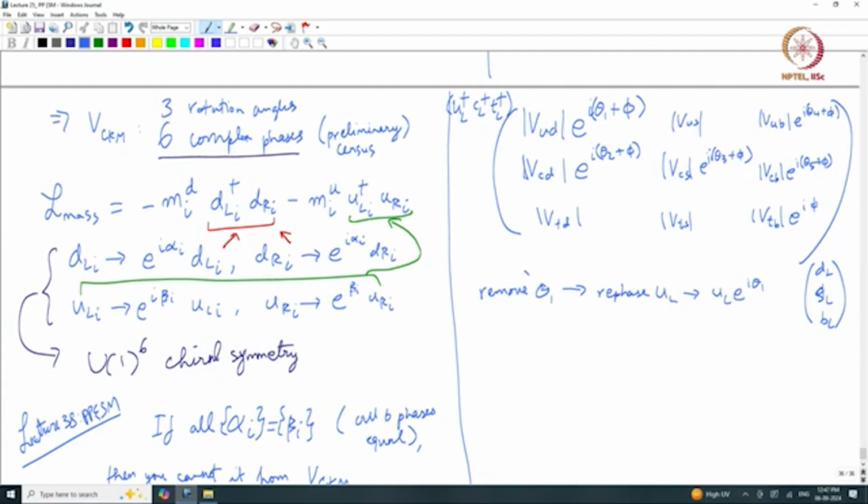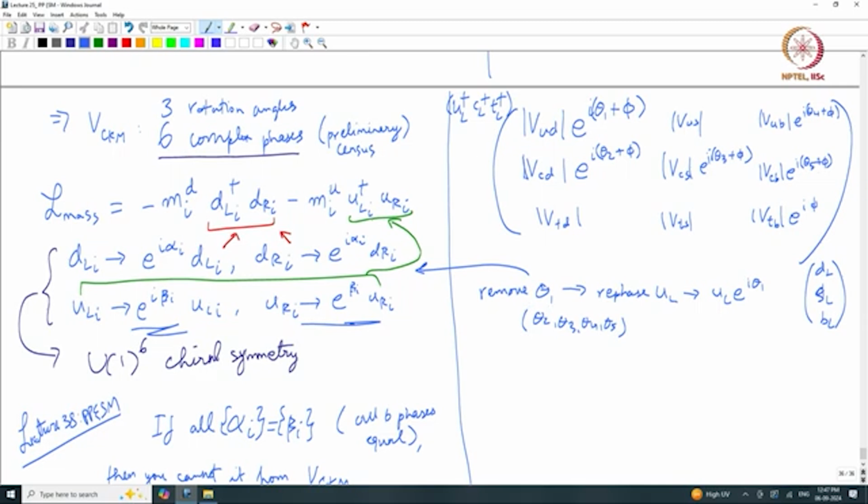When I go back here, right, I can eat up that phase in the UR part in the mass Lagrangian, correct. So, similarly I can remove theta 2, theta 3, theta 4 and theta 5 appropriately. I can make use of this freedom, correct.